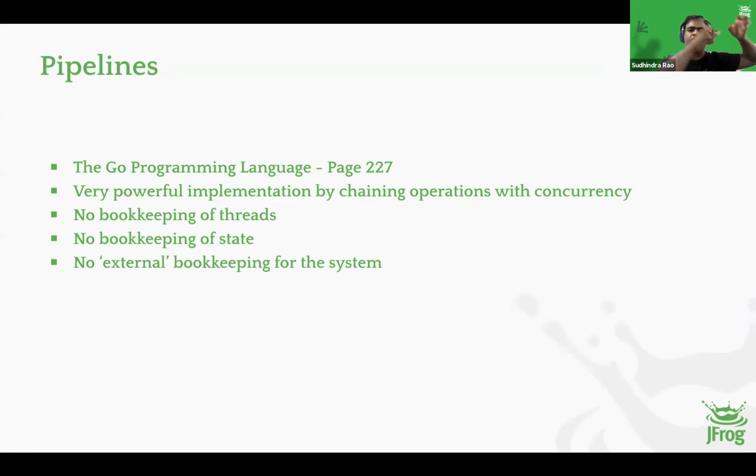Pipelines is a combination of Go routines connected through these channels, where concurrency or handshake is achieved not by using locks or any gating mechanisms, but just by improving the flow across the system. Right, so you don't have to bookkeep your state. You don't have anything that would cause a race condition, and that's the aim that pipelines has when you build that system.